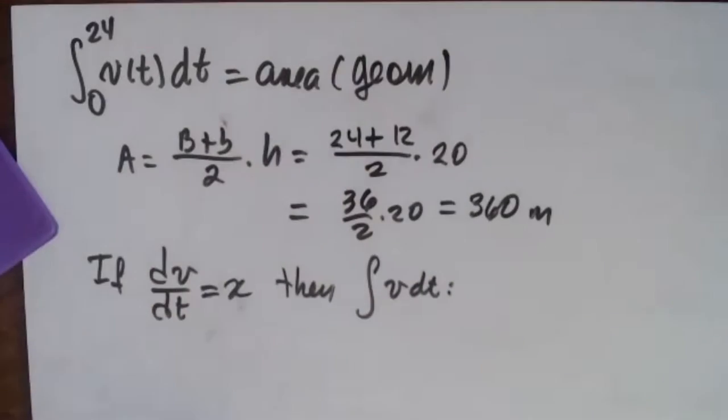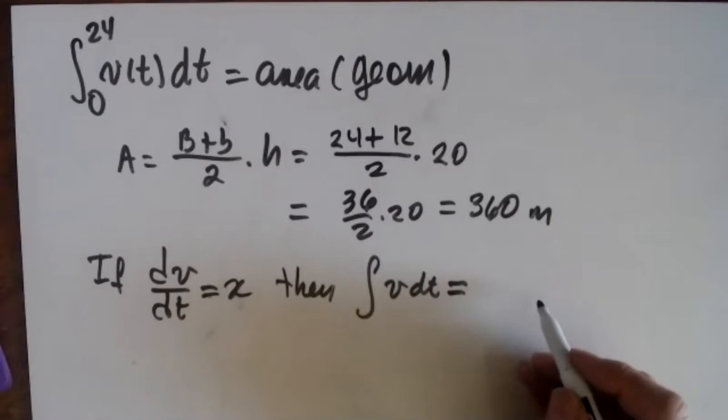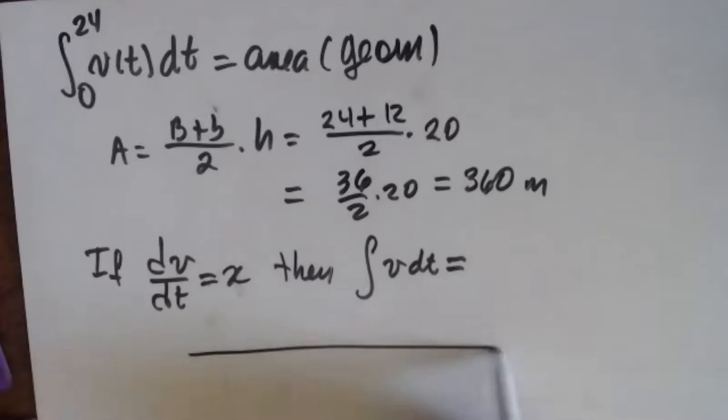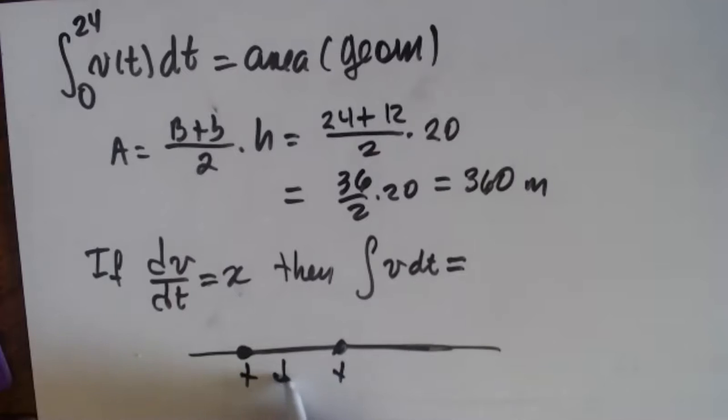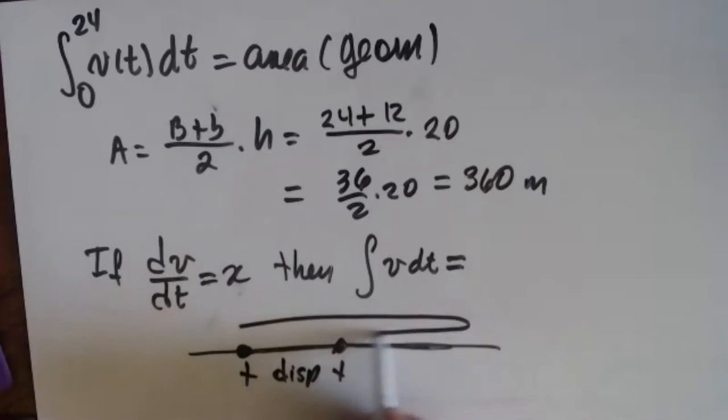It can't be both. Remember, suppose the particle goes back and forth and stops here. Then the distance traveled is the total distance, correct?